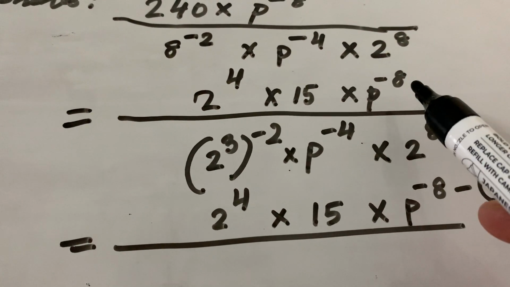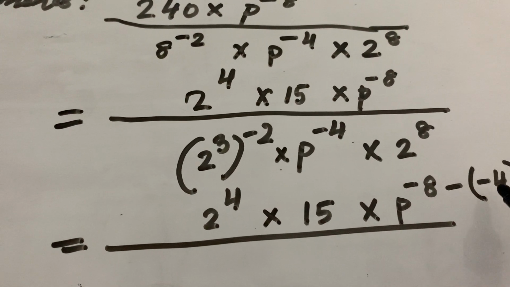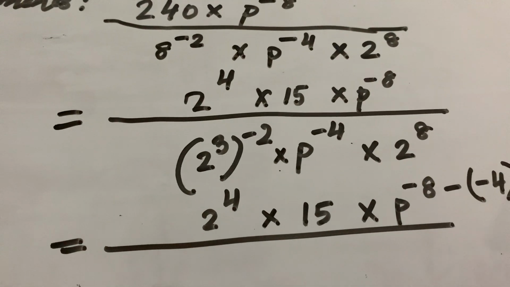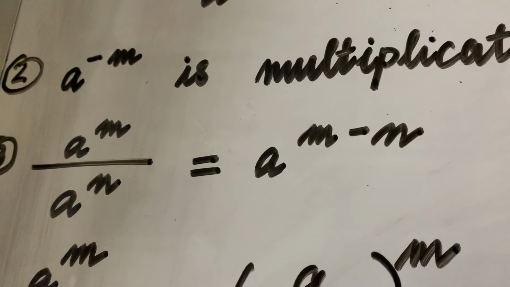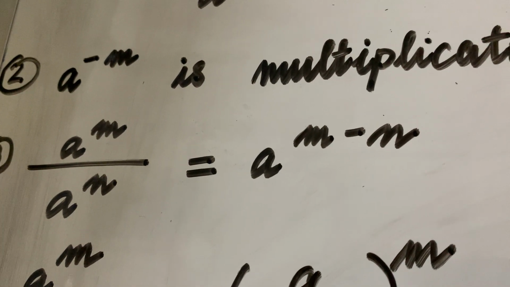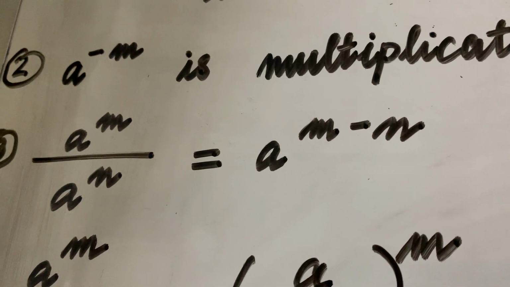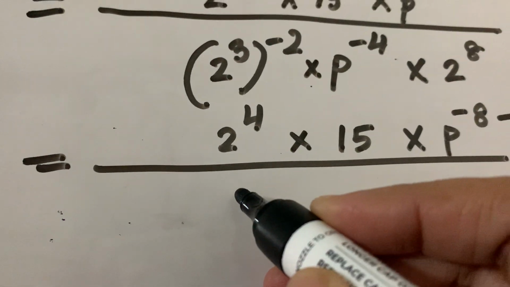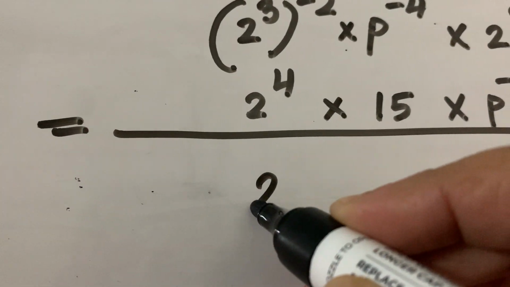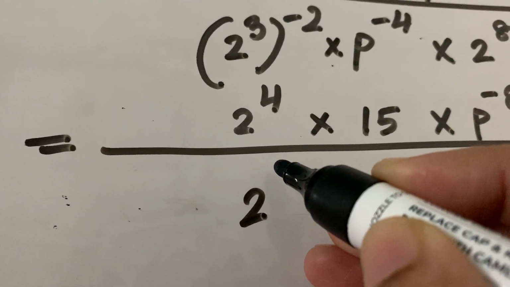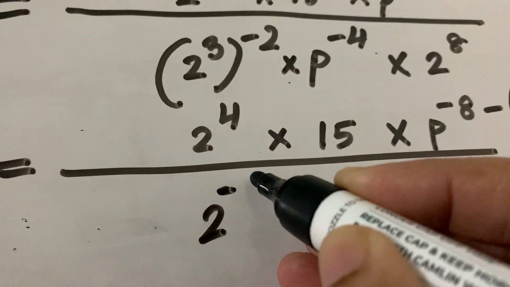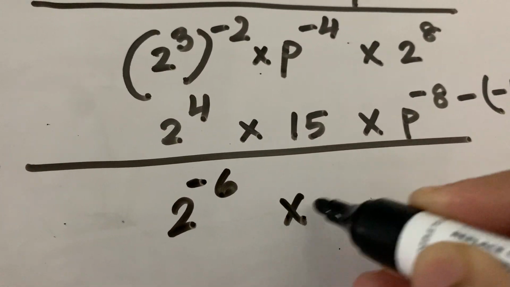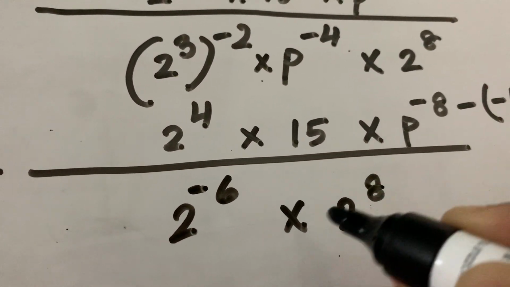That's why we are writing minus 8 minus of minus 4. This is the formula which we are using here. a to the power m by a to the power n equal a to the power m minus n. Next we have here 3 into minus 2 is minus 6 into 2 to the power 8.